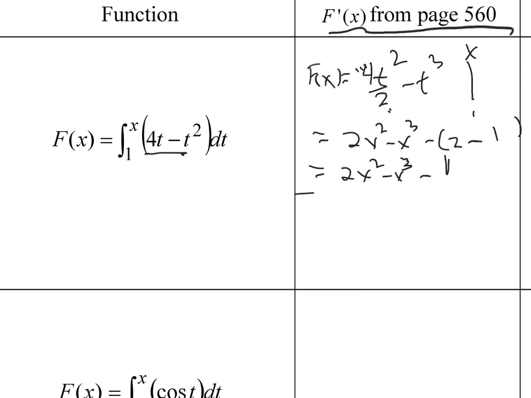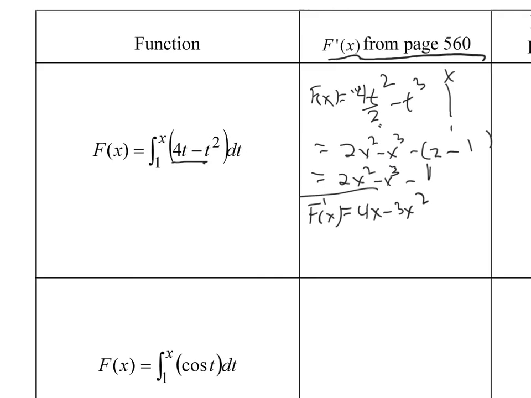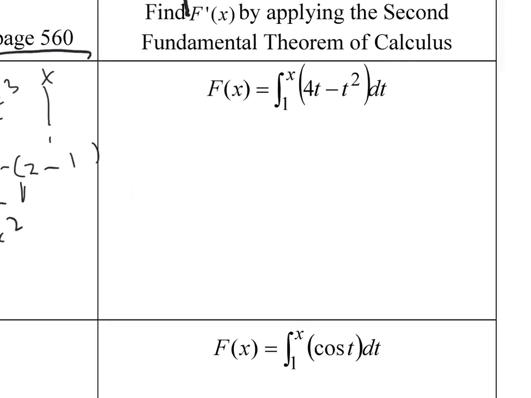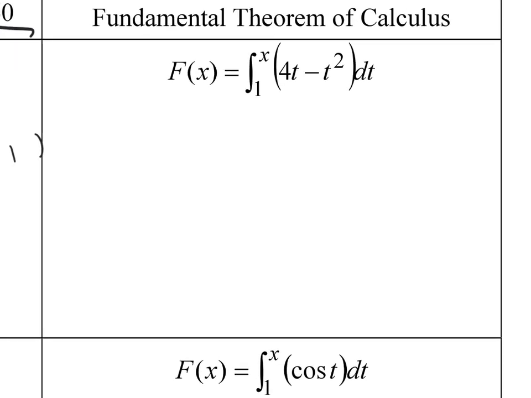And f prime of x will be 4x minus 3x squared. That's if I didn't do anything wrong, which, knock on wood. The shortcut says right away f prime of x should be, plug this function into this function.